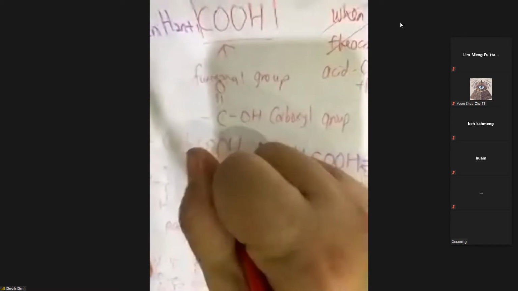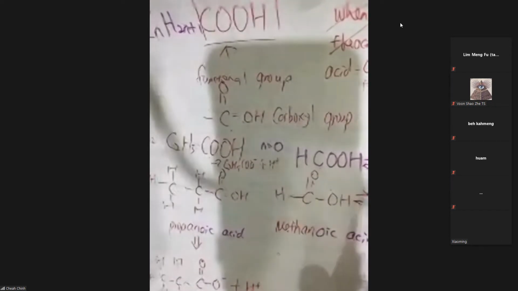If you use the molecular formula, it is the same, ionize in water: C2H5COO negative plus hydrogen ion, because only the hydrogen joined to oxygen will become hydrogen ion. So the ions produced are always a positive charge and a negative charge, just plus one and minus one.